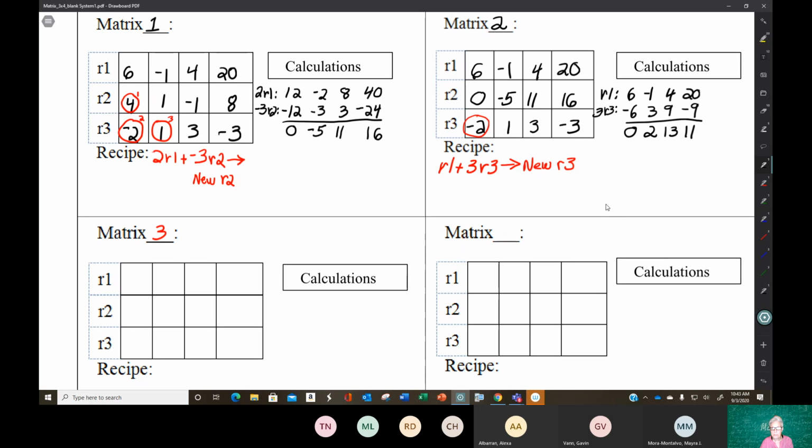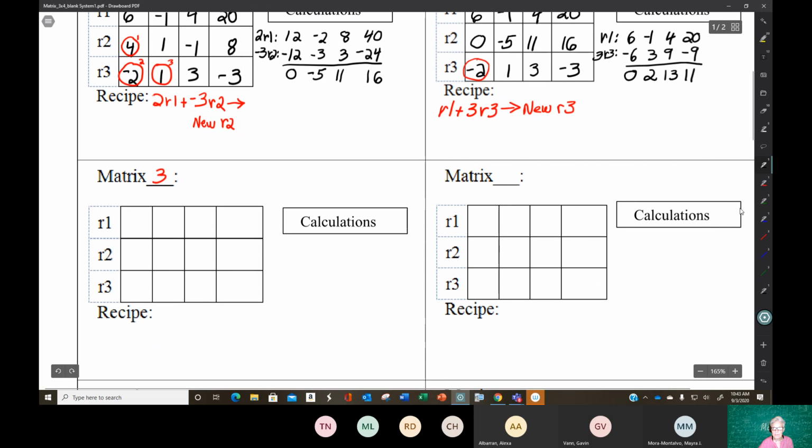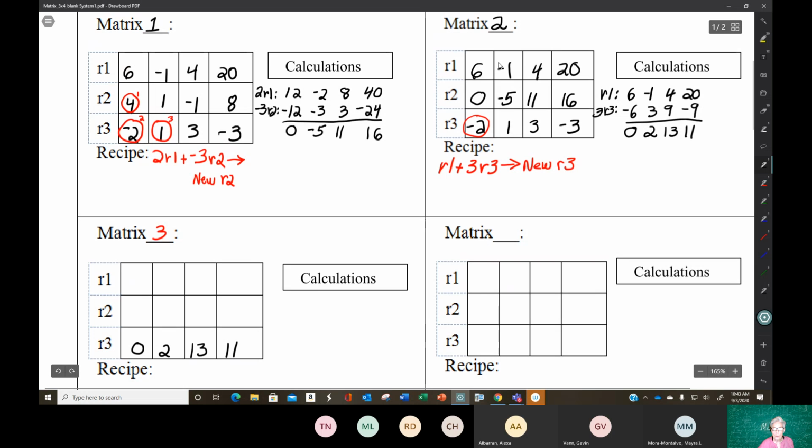And now that's going to be my new row 3. Let me put it in before I forget. 0, 2, 13, and 11. Now, this row 1 and row 2 are going to stay the same.